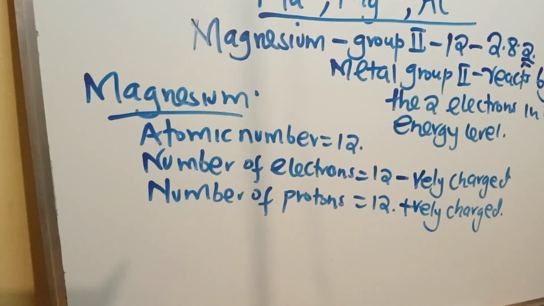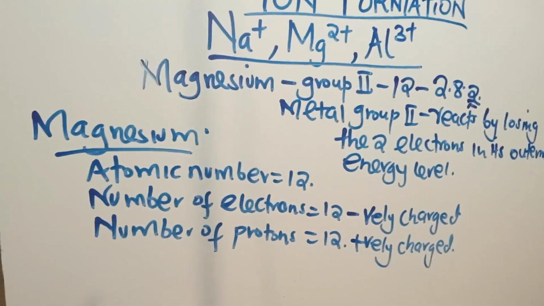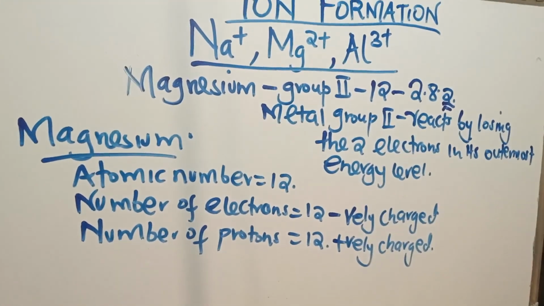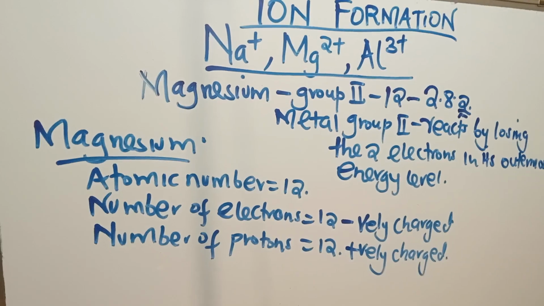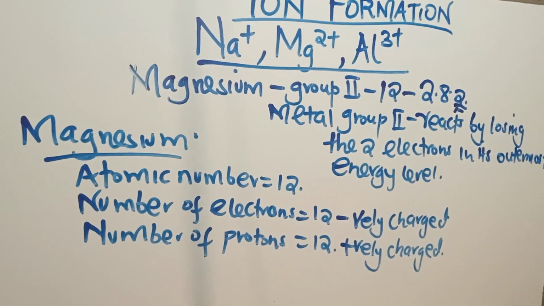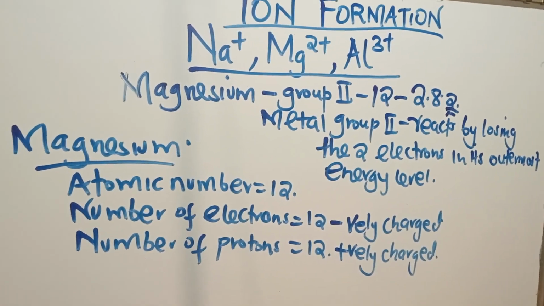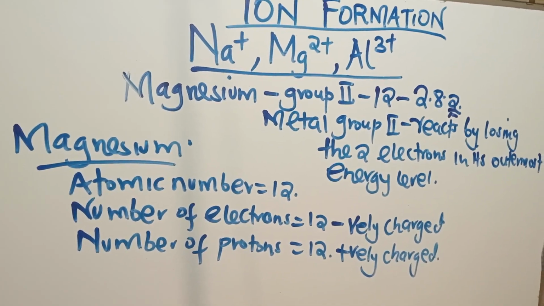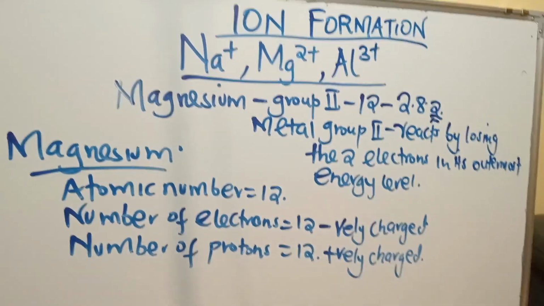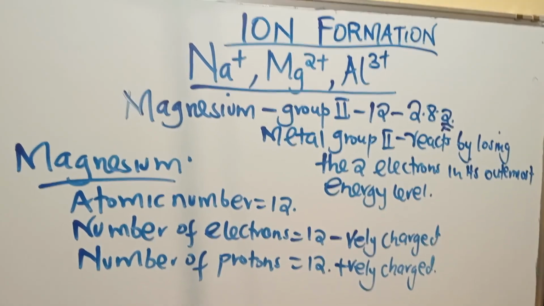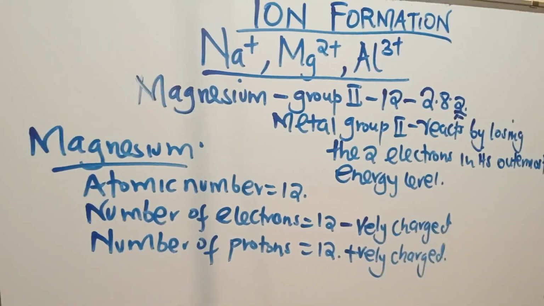So those are the things that you get prepared with before you continue with how magnesium will be losing the 2 electrons. I hope you have just written those major points.